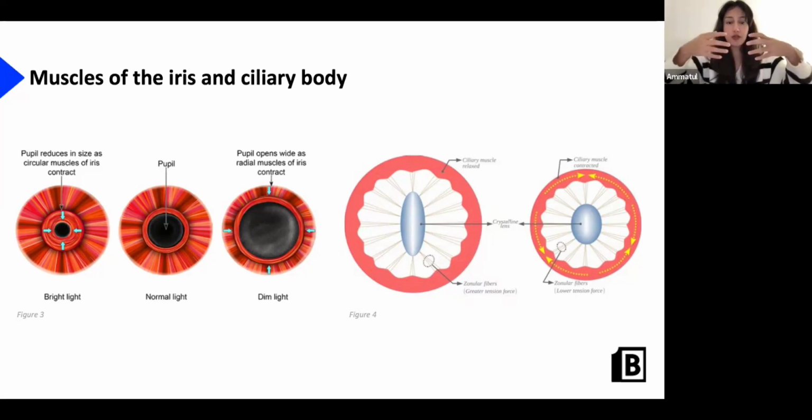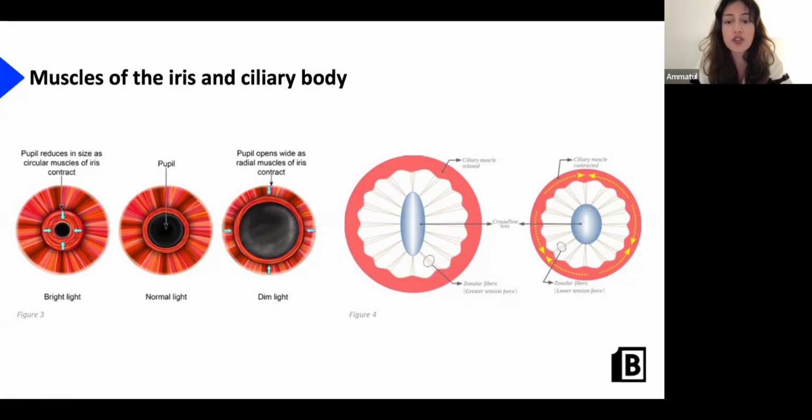And then the radial muscles, when they contract, it essentially pulls out the pupil and makes it dilate, and that causes dilation of the pupils essentially. So in bright light, you would expect constriction, so you'd expect the circular muscles to take over. And then in dim light, where you want to see more, you want the pupils to dilate, the radial muscles will cause that dilation.